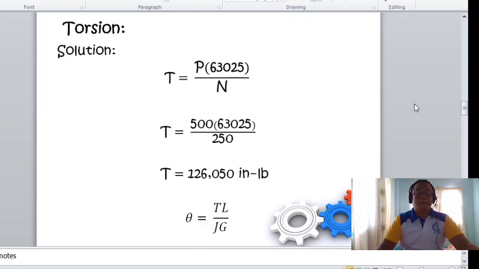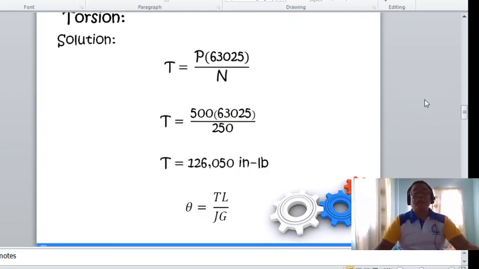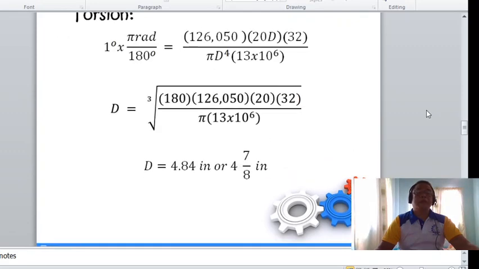Getting now the torsional deflection, TL over JG. Substituting the torsional deflection, which is 1 degree, and changing it to radian, equals the torque, which is 126,050, multiplied by the length of 20 times the diameter, and then multiplied by 32.